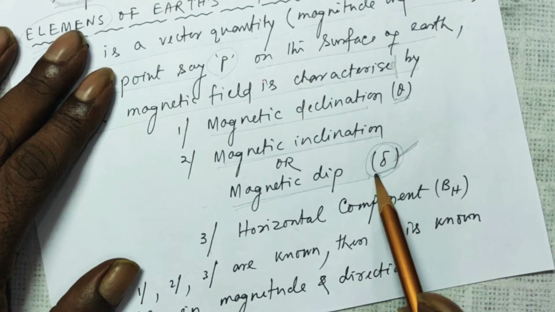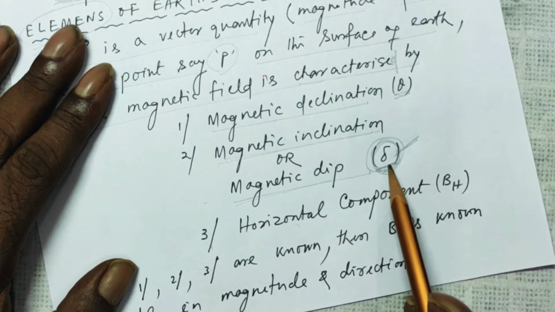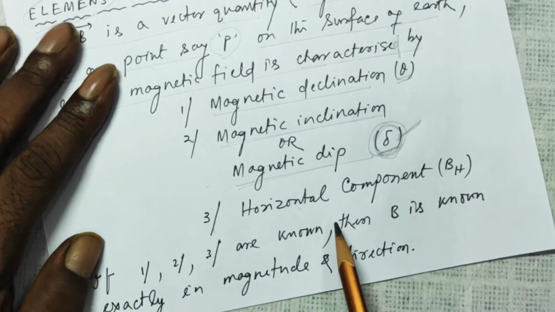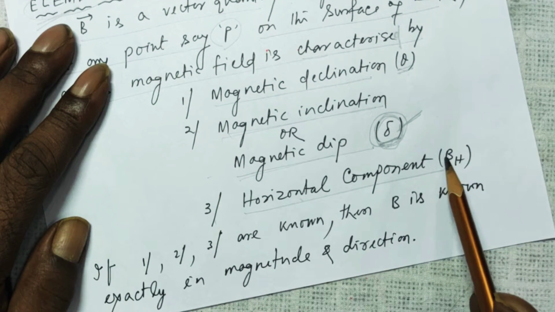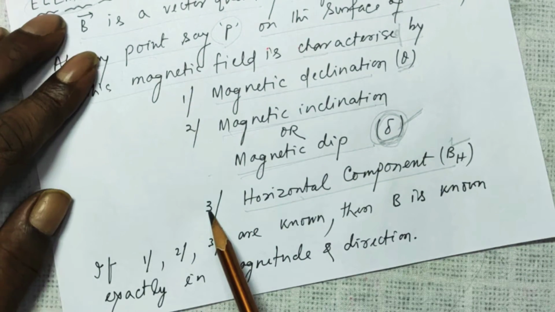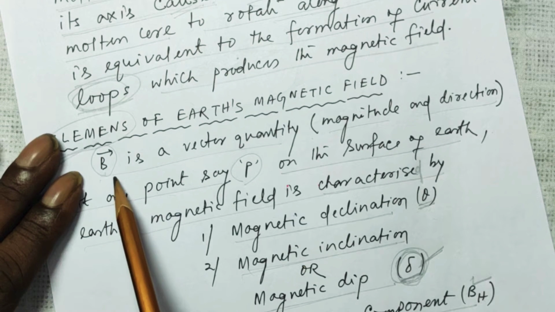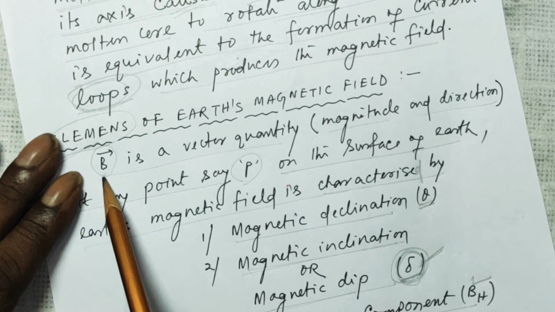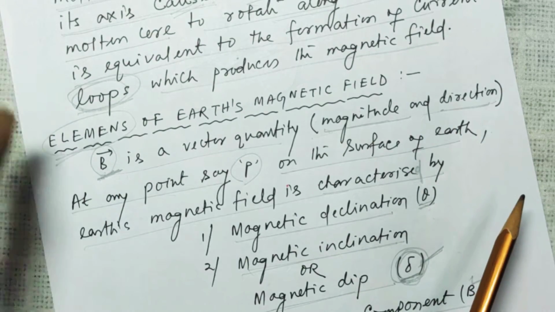And I will explain to you in the next video what will be its value. This is also an angle. What will be its value at different points. Then the horizontal component of the magnetic field. If these three things are known, then the magnetic field B, when the Earth is behaving as a natural magnet, is completely known in magnitude and direction.